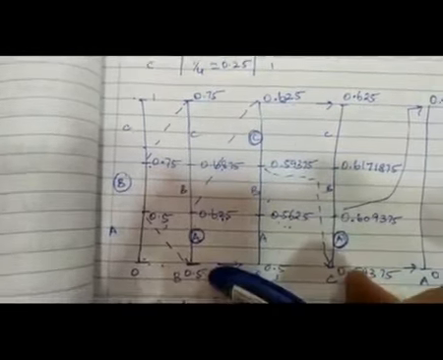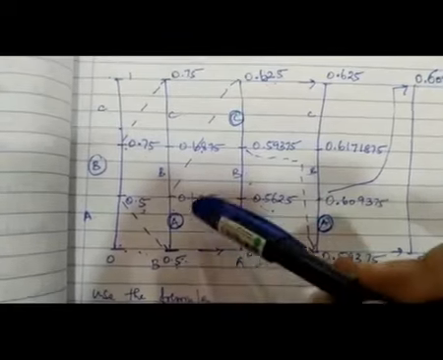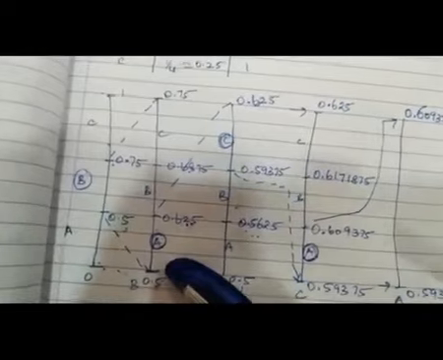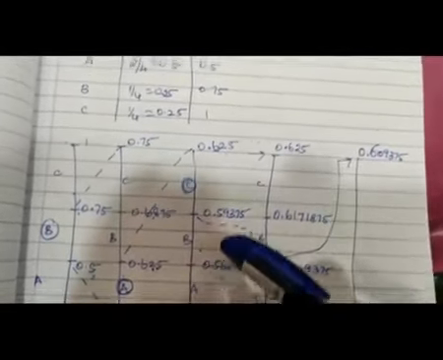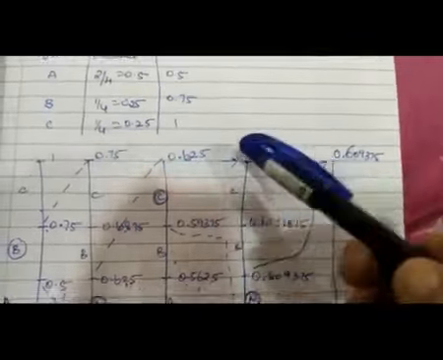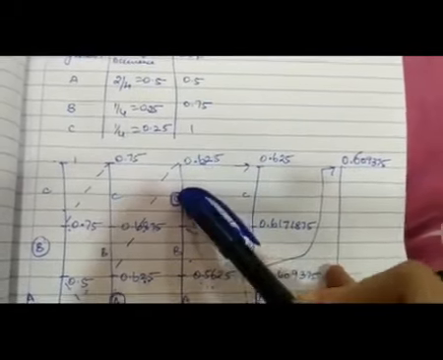Coming to the next branch, 0.601 lies in the interval 0.5 and 0.625. So this symbol A is rounded off because it is the symbol at this location. Coming to the next, 0.601 lies in the interval 0.59375 and 0.625. So the symbol at this location is C.